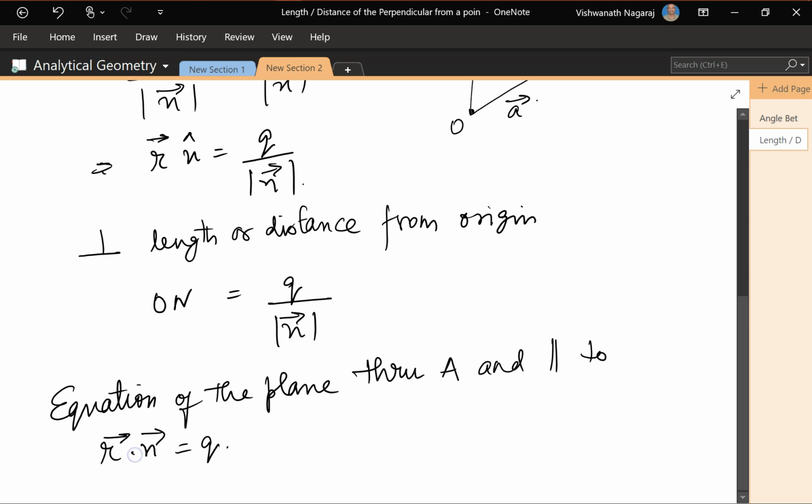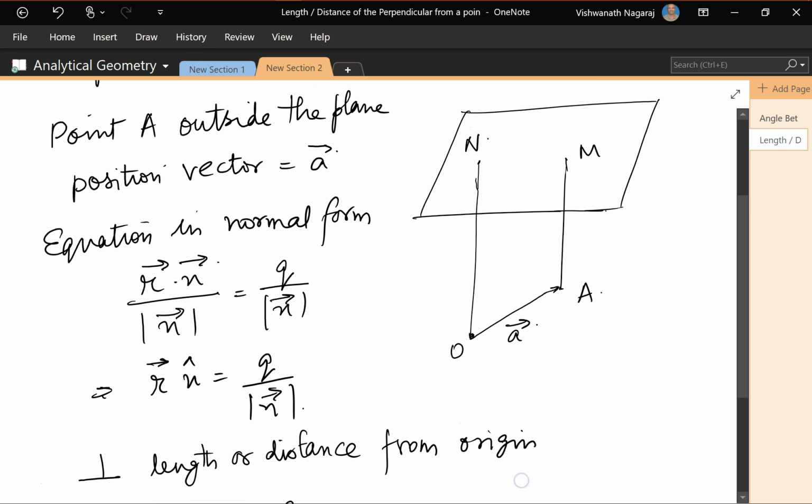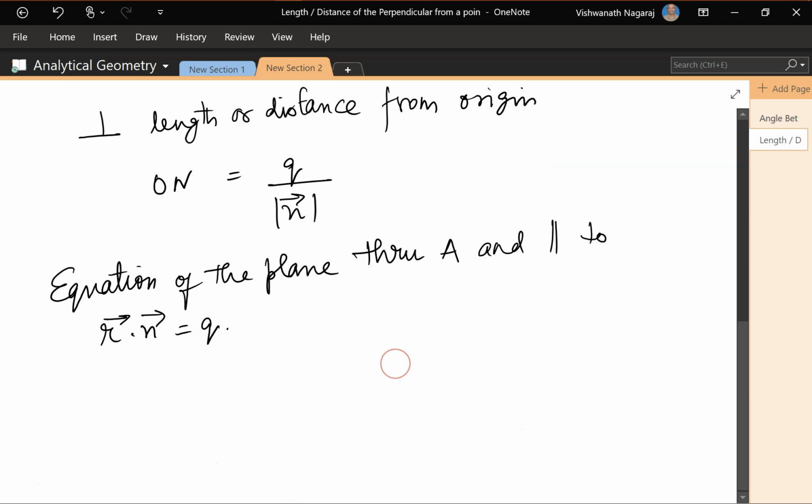So here we are talking of another plane which is parallel to this plane and passing through point A. For this also we know the equation: R minus A dot n equal to 0.